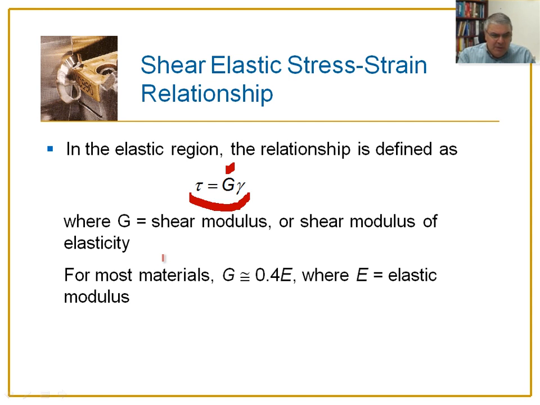For most materials, capital G is roughly about 0.4 E, where E is the modulus of elasticity.